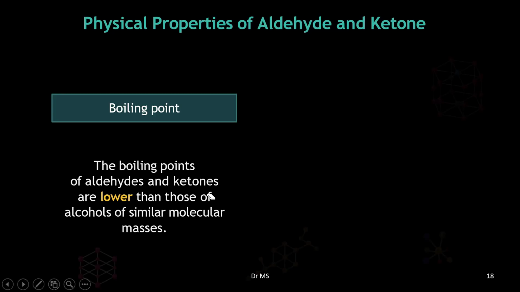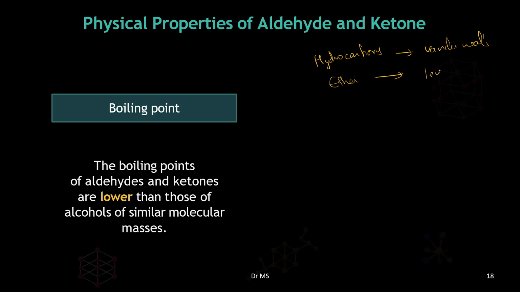Suppose you see the hydrocarbons: between molecule and molecule, they will have van der Waals forces. You might have studied this in the 11th. Whereas in ethers, the dipole interaction will be there, but that is very minimal, very less.